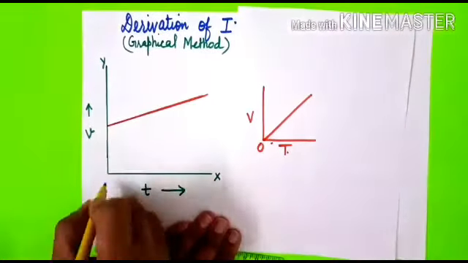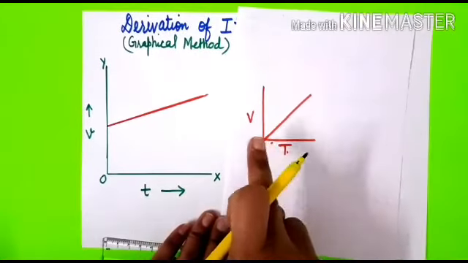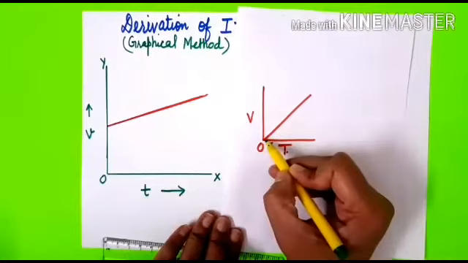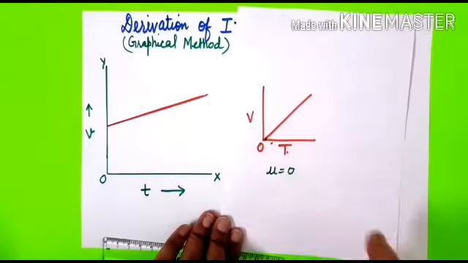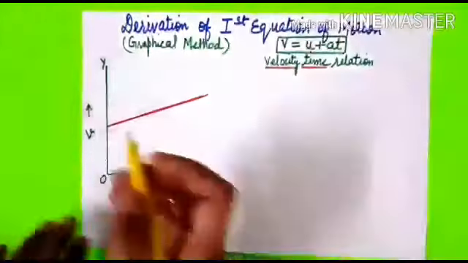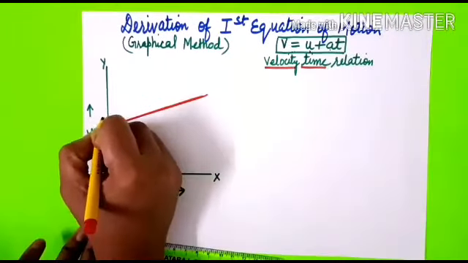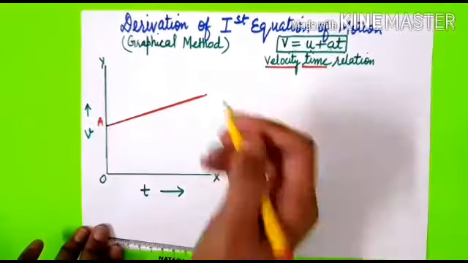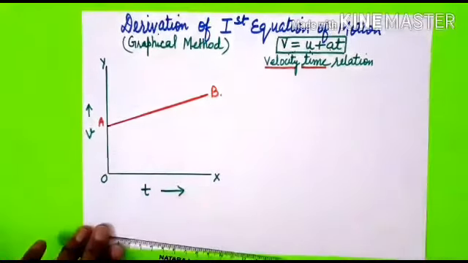Here we can mark the origin, but in this graph the path started from the origin, means the initial velocity is 0. Here the path started from this point. We can represent this point by A, and the journey ended at point B.